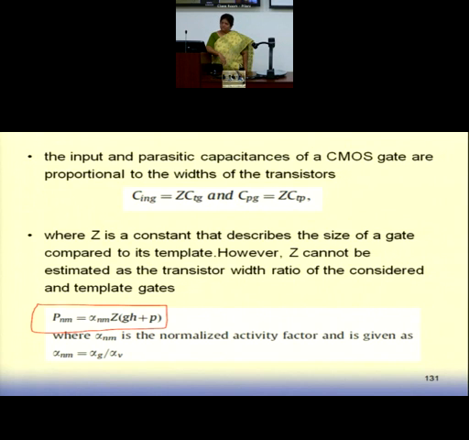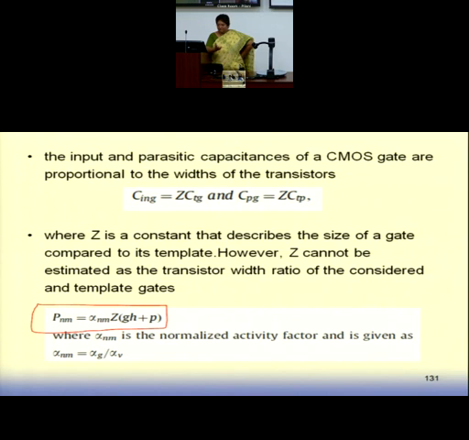So parasitic is also expressed in terms of C ratio, remember. Yes, it is in the case of delay also. Remember, how do we describe P? How do we describe P of an inverter? 2 CGD plus C drain to bulk for PMOS, and CGD plus C drain to bulk of NMOS. 4 components.